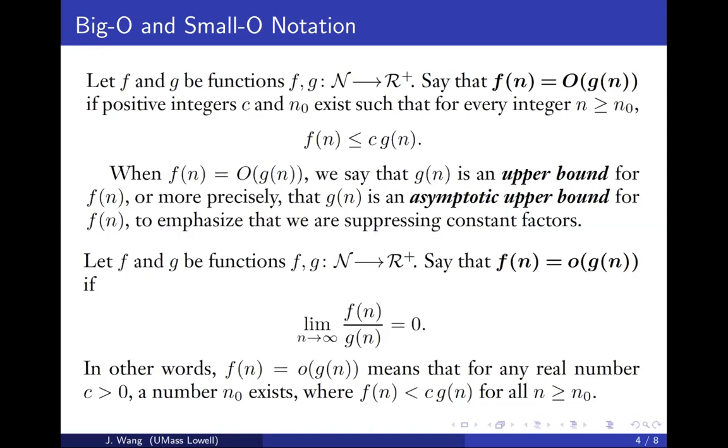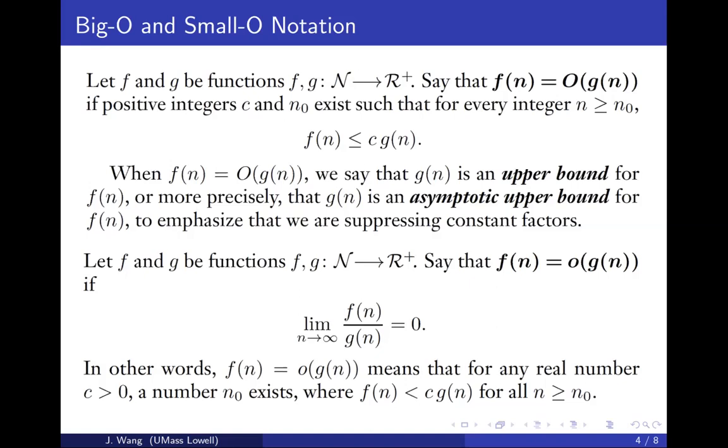Here f and g are functions from integers to real numbers. You can think of them as taking the size of the inputs, which would be integers, and the output is positive real numbers, to define big O and small o.